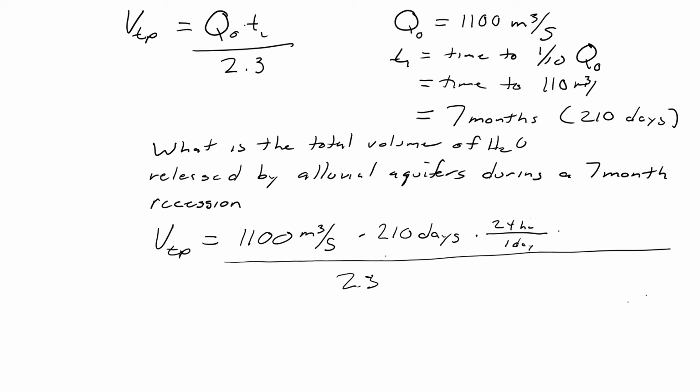to seconds. So we have 24 hours in one day, 60 minutes in 1 hour, 60 seconds in 1 minute. Days cancel, hours cancel, minutes cancel.